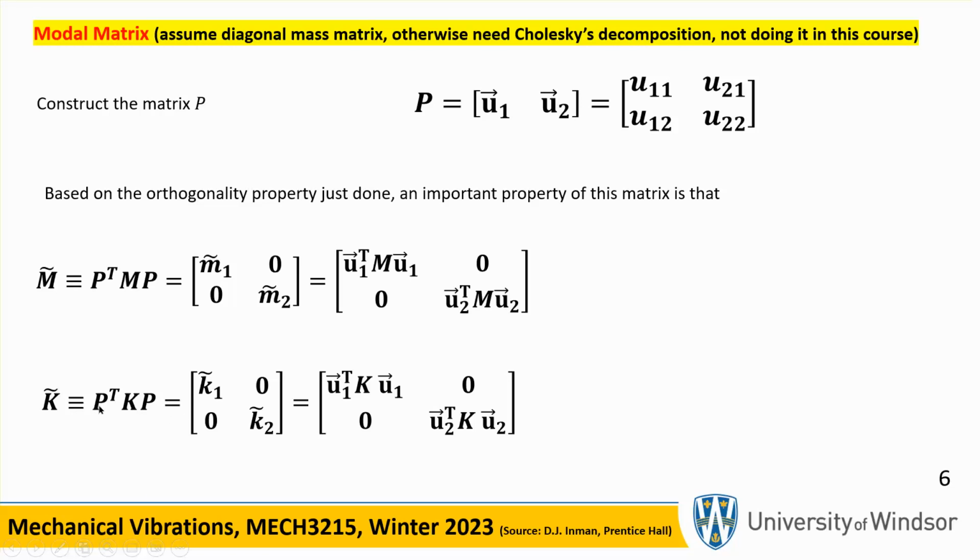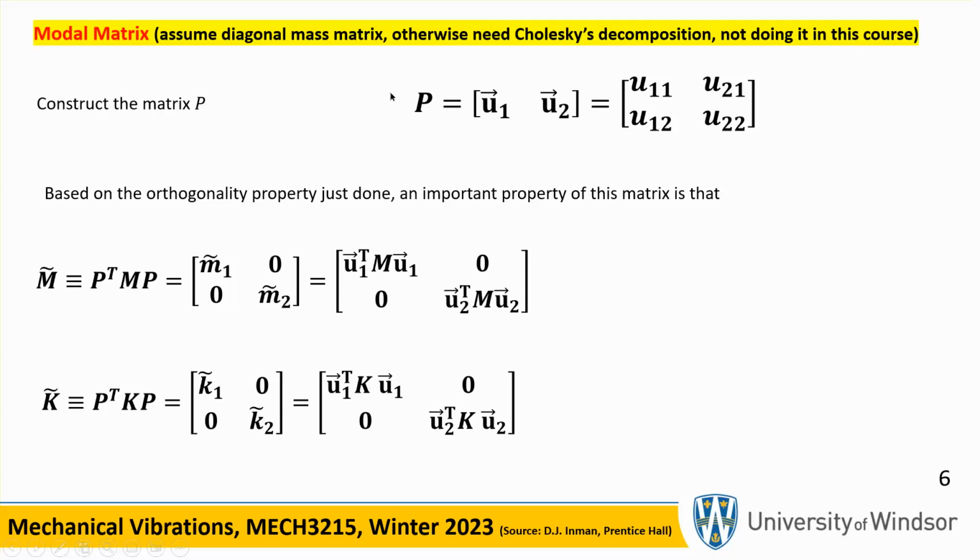However, if you left multiply it by P and right multiply it by P, it becomes a matrix which is actually diagonal. So please go ahead and work this out. If you have any questions, come and see me, or go to the GA, or come to the tutorial and ask me there.